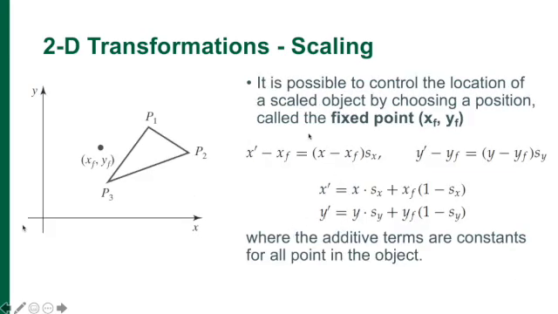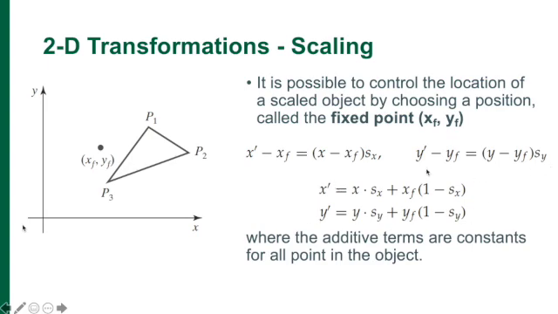It is possible to control the location of a scaled object by choosing a position called the fixed point. So we are going to redefine the previous equations as x prime minus xf, where xf is the fixed point, equals x minus xf times sx. Similarly, y prime minus yf will be equal to y minus yf, the fixed point in y, times sy.